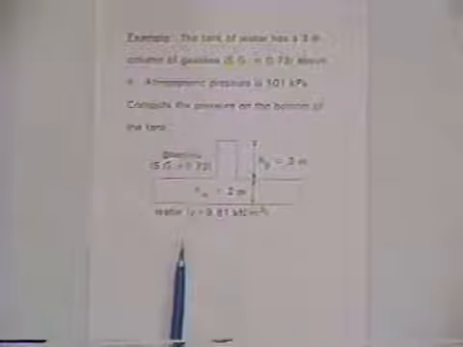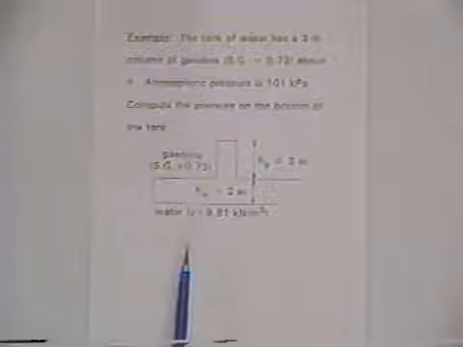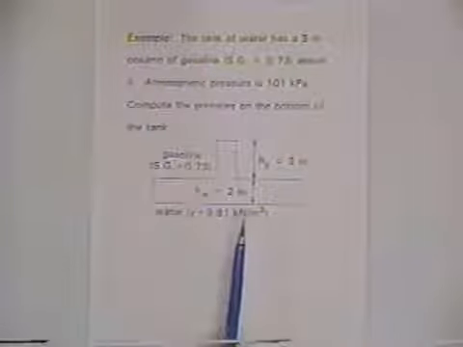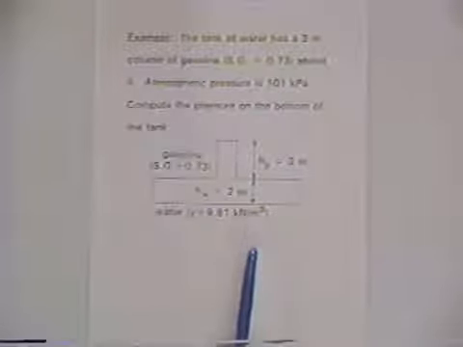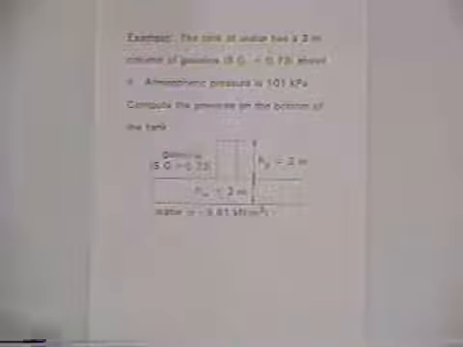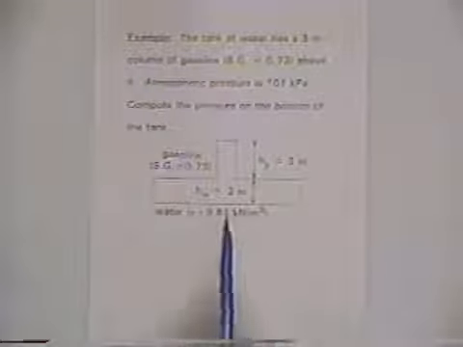As another example, same thing, except we've got one fluid on top of another. In this case, we've got gasoline floating on top of water. The tank has a 3-meter tall column of gasoline, and we want to compute the pressure at the bottom of the tank. So 2 meters of water, 3 meters of gasoline on top of that.